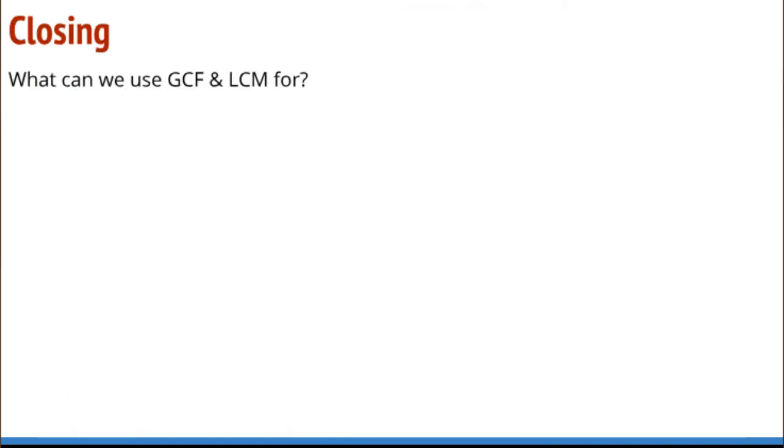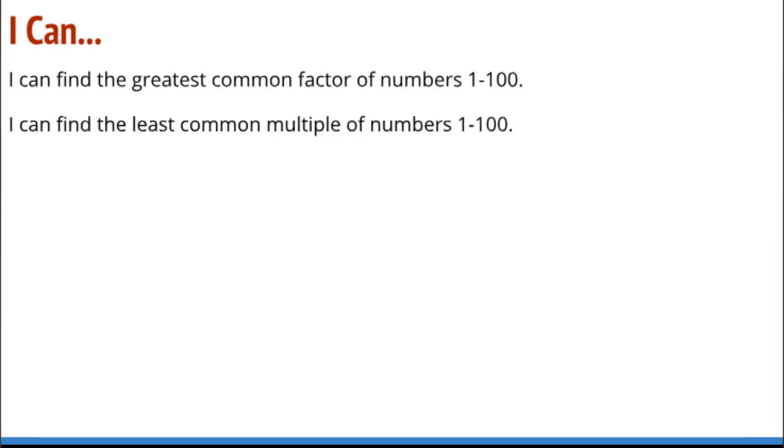All right, so what can we use GCF and LCM for? Boy, we have lots and lots of options for things that we can use that for. So greatest common factor, we're breaking the numbers apart.